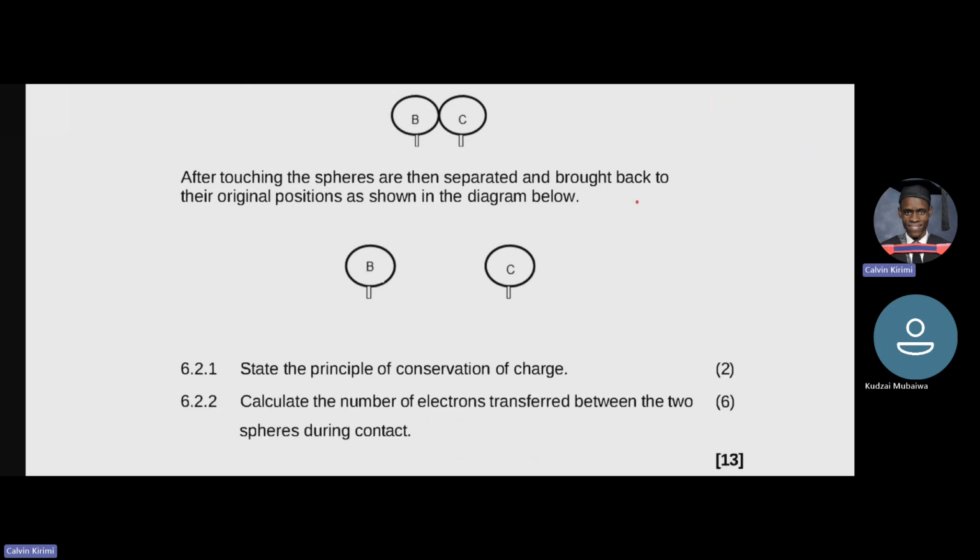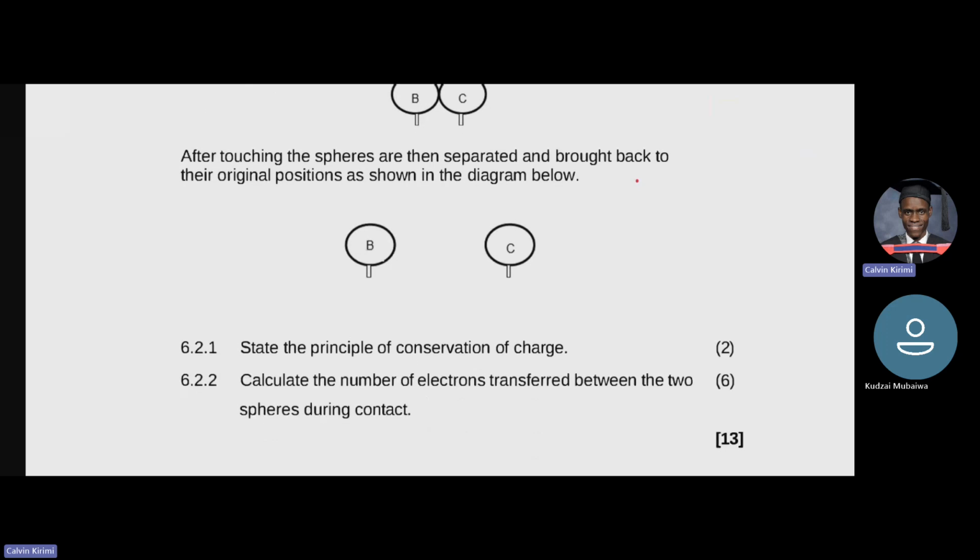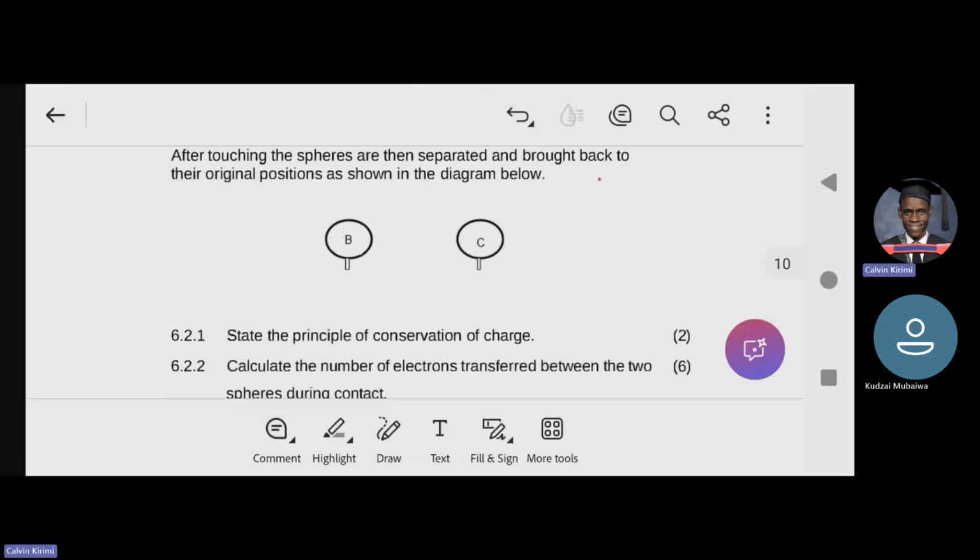So the question is saying, state the principle of conservation of charge. The principle says that the net charge of an isolated system remains constant.